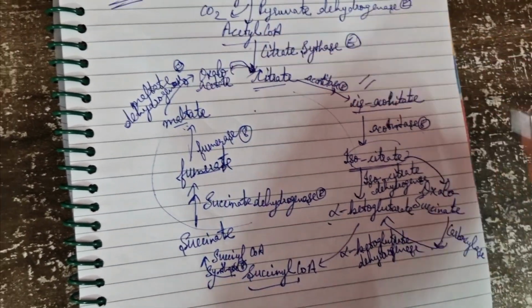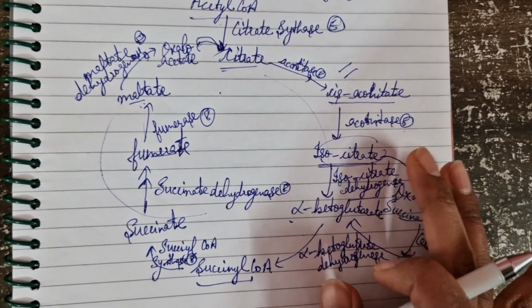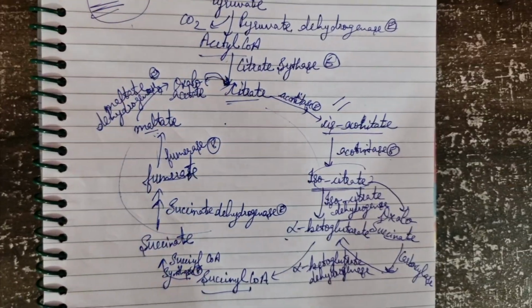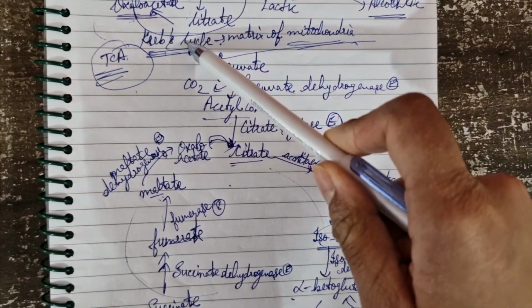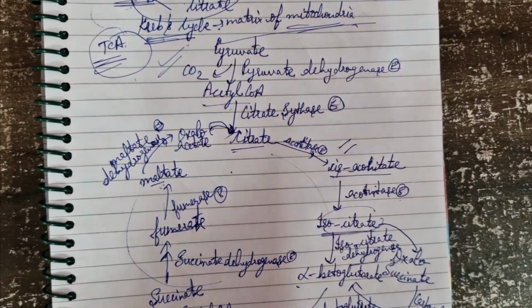Hence this cycle continues, and this cycle is known as Krebs cycle or tricarboxylic cycle. During this Krebs cycle, CO2 which we breathe out is produced.